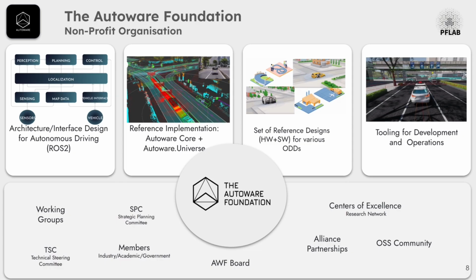These components are managed under the Autoware Foundation umbrella through various groups such as different working groups, the Autoware Foundation Board, the Strategic Planning Committee, and the Technical Steering Committee, and altogether they make up an entity that we call the Autoware ecosystem.